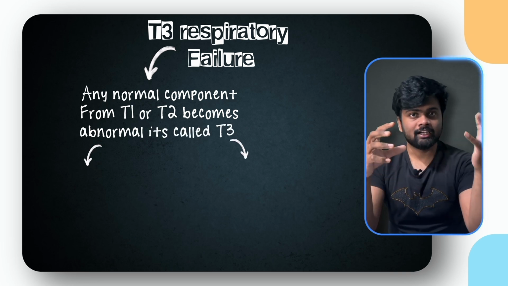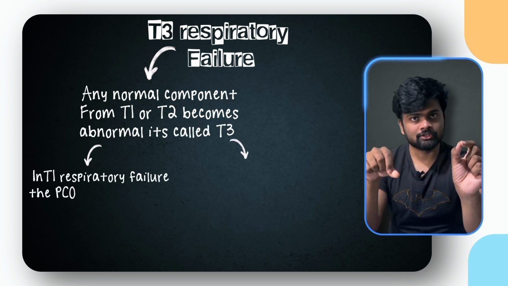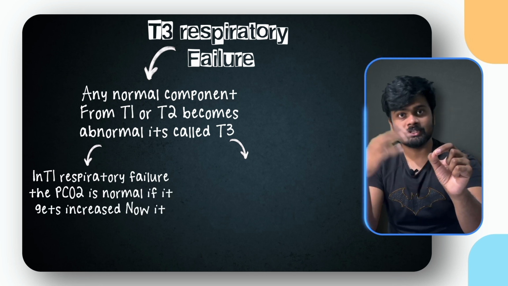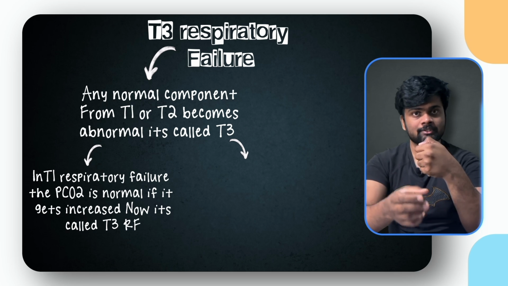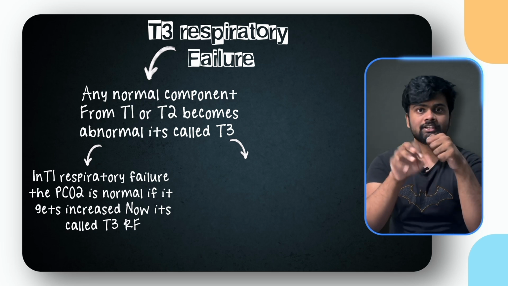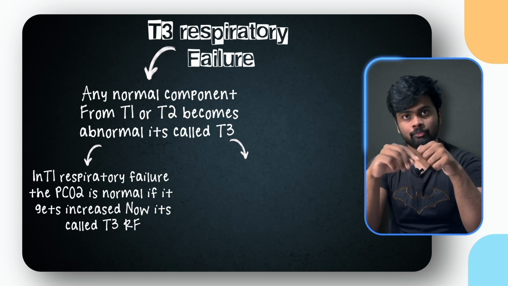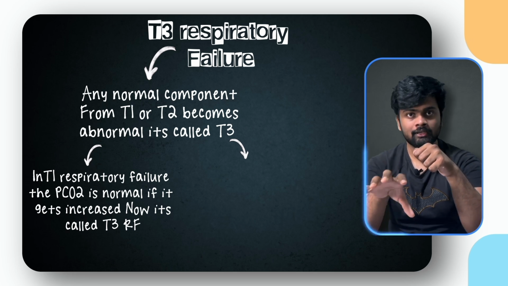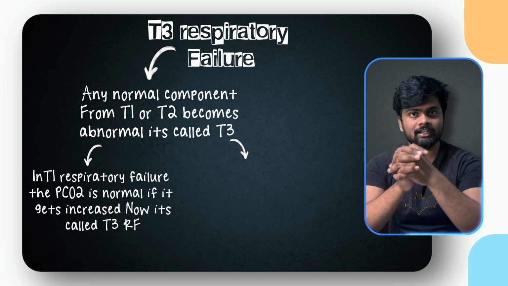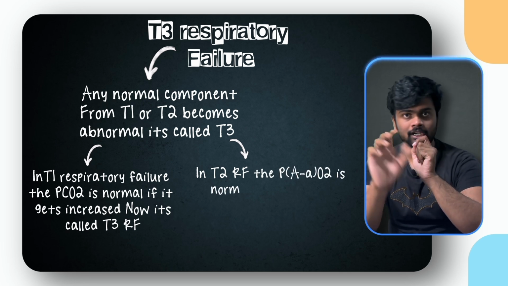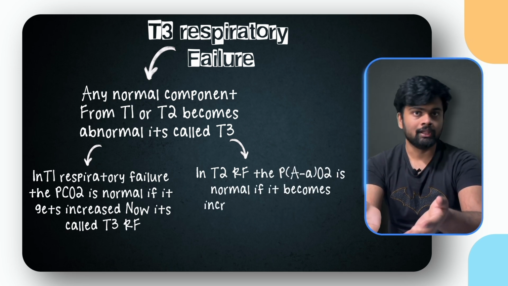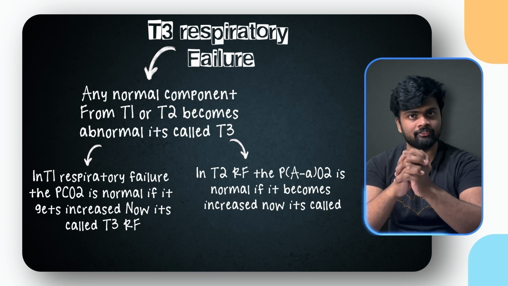For example, in type 1, the carbon dioxide concentration is normal. If it becomes increased, that is, in long-term cases, the membrane damage patients can also have interstitium damage. In that situation, the amount of carbon dioxide in the arterial blood is increased. Similarly, in type 2 respiratory failure, the A minus aO2 gradient is completely normal. If it becomes abnormal, it is now called type 3 respiratory failure.